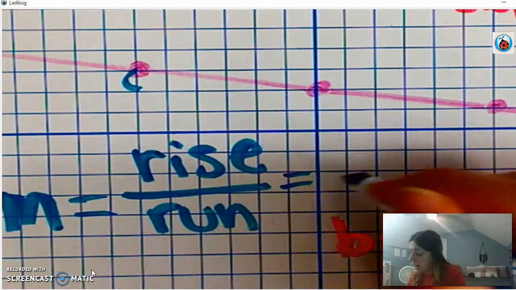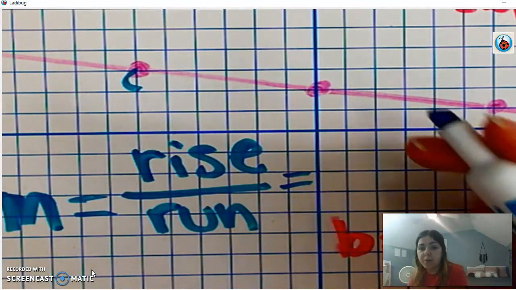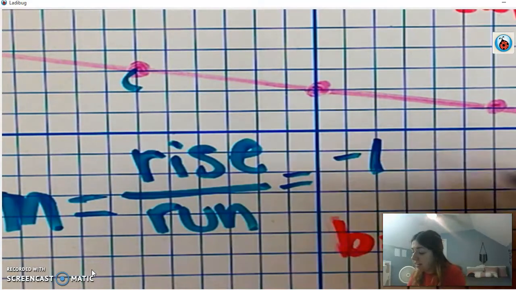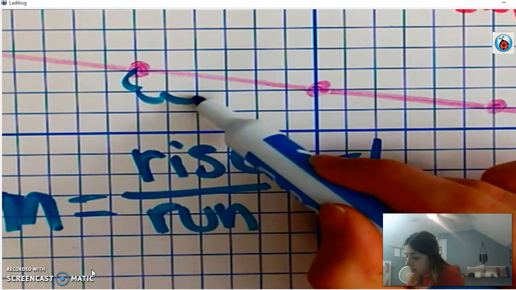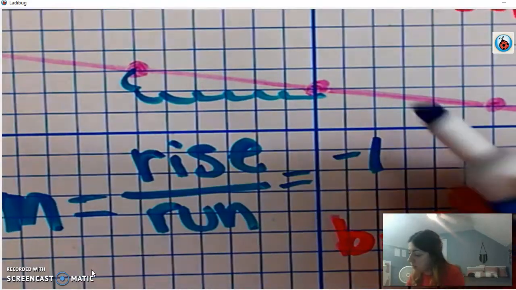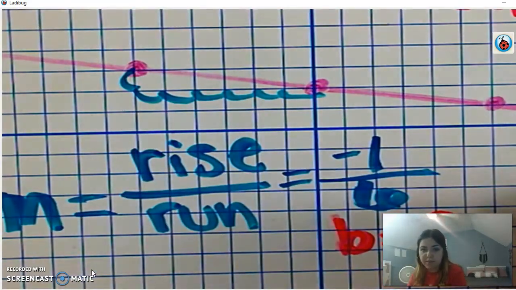So I know my rise, and since I'm going down, it's negative. Okay, if you move up, it's positive. If you go down, it's negative. My rise is negative 1 over, from here, I have to go over 1, 2, 3, 4, 5, 6. Okay, so I had to go over 6. That was my run.